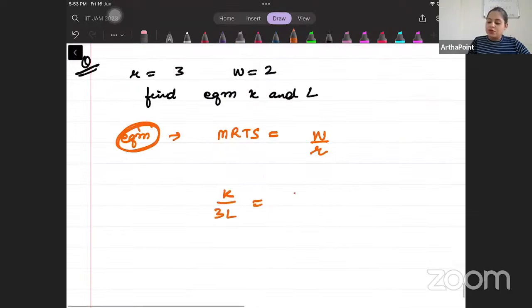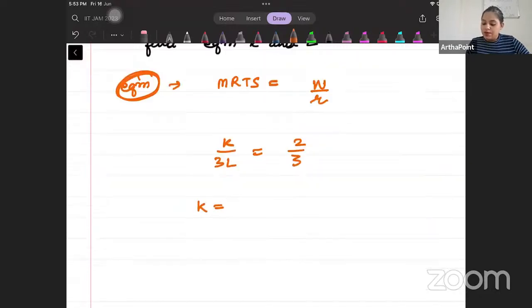This will be equated to W by R. So beta, from here we get that K is equal to 2 by 3 into 3L. So this will be 2 by 2 into L.